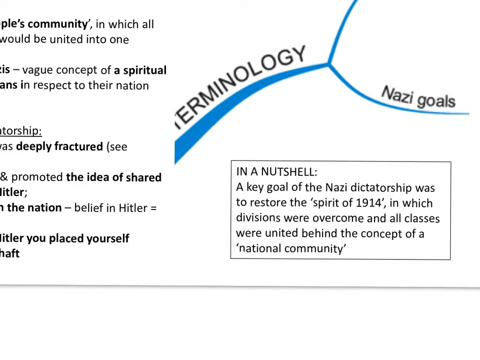A key goal of the Nazi dictatorship was to restore the spirit of 1914, in which divisions were overcome and all classes were united behind the concept of a national community. We used the word Bergfriede, the coming together of all Germans at the beginning of World War One.